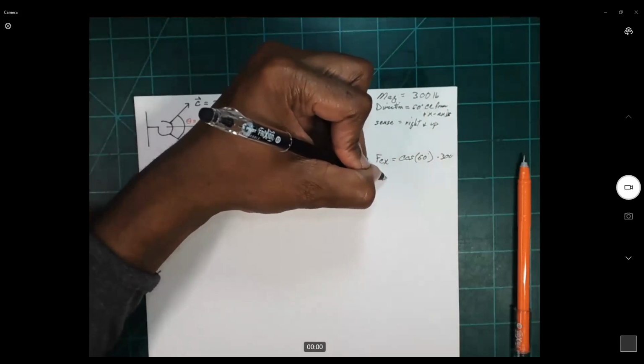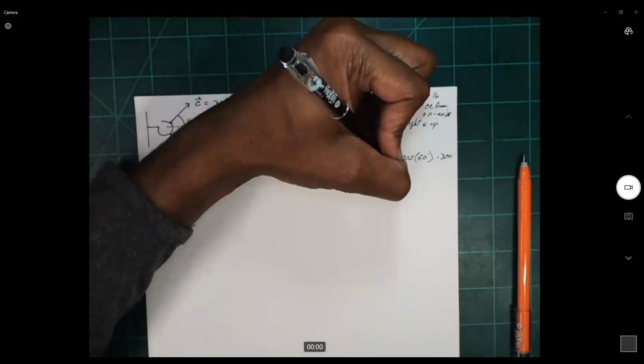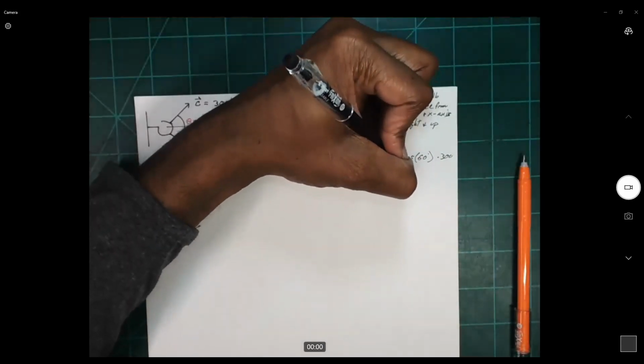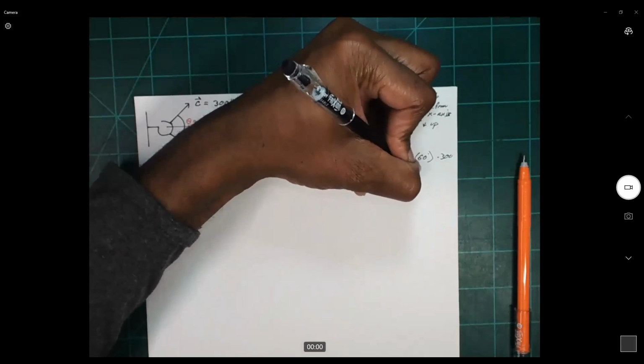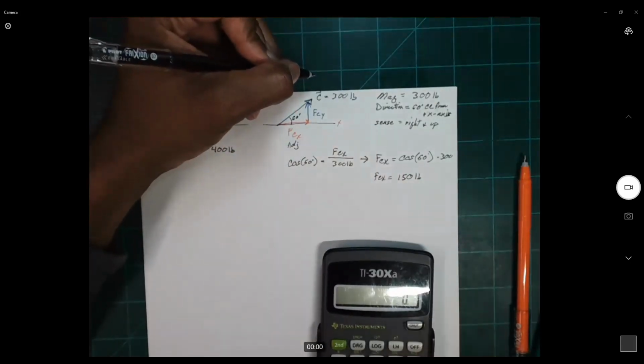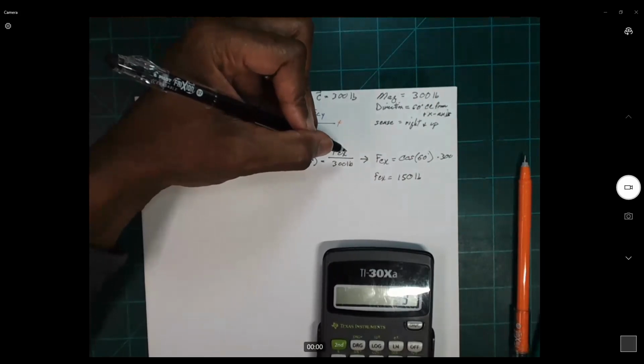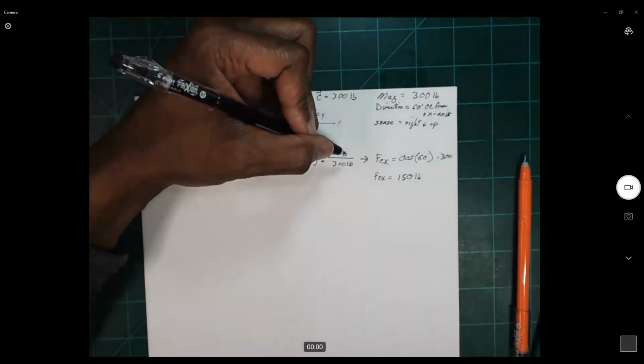And CX equals 150 pounds. Let's see that again. Cosine 60. Yeah, 150 pounds.